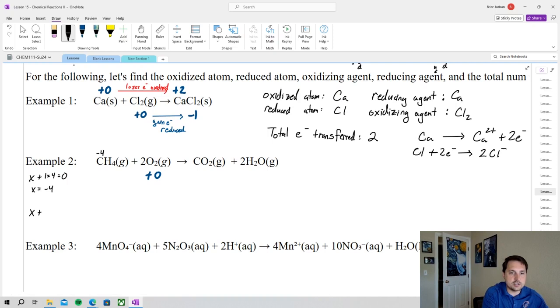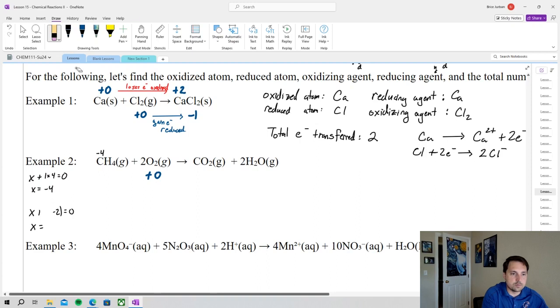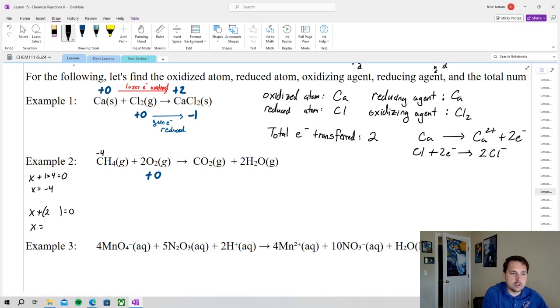Each of the oxygens is going to have a -2 oxidation state, and then the charge on this molecule again is 0. So when I solve for this, it should be 2 times -2. If I move the -4 to the other side, we end up getting that the carbon over here is +4.